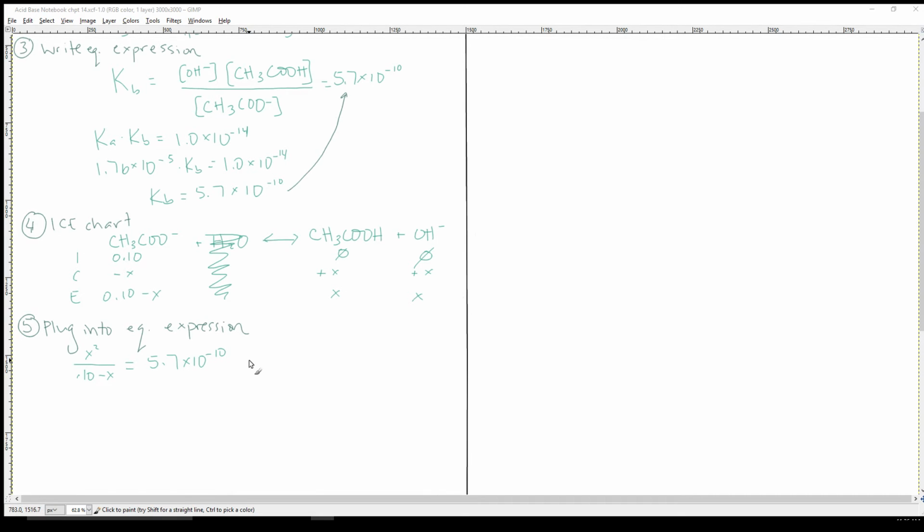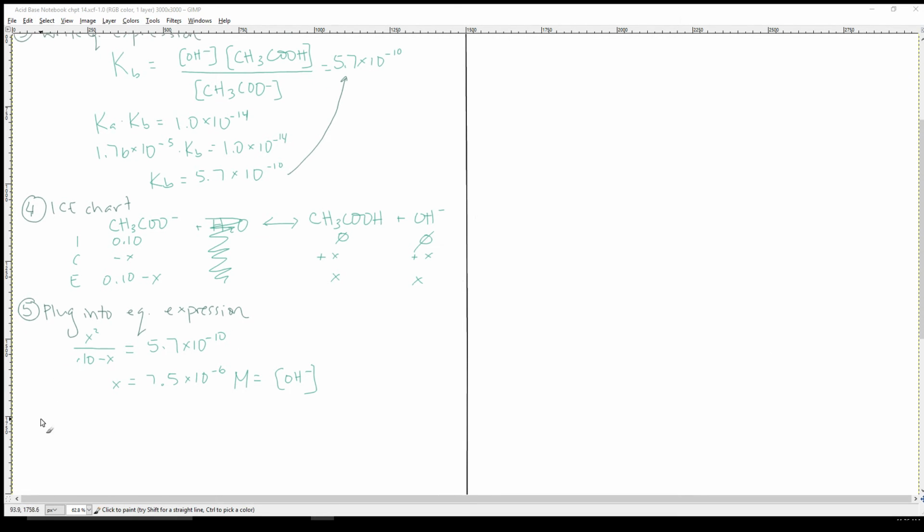So knowing that, I'll end up with x is equal to 7.5 times 10 to the negative 6th. And I know that this is equal to the concentration of my hydroxide ions because x is equal to my hydroxide concentration. So now I get to figure out the pH, which was the whole goal of this.